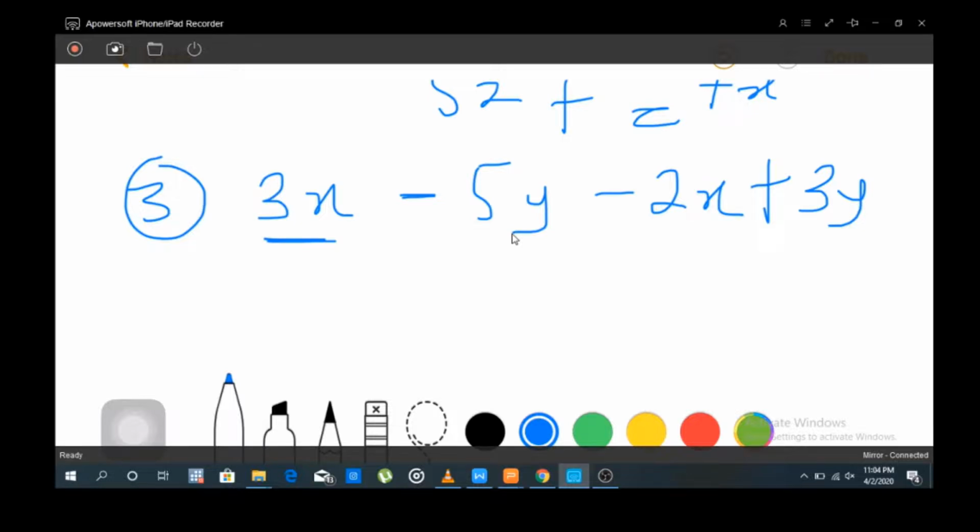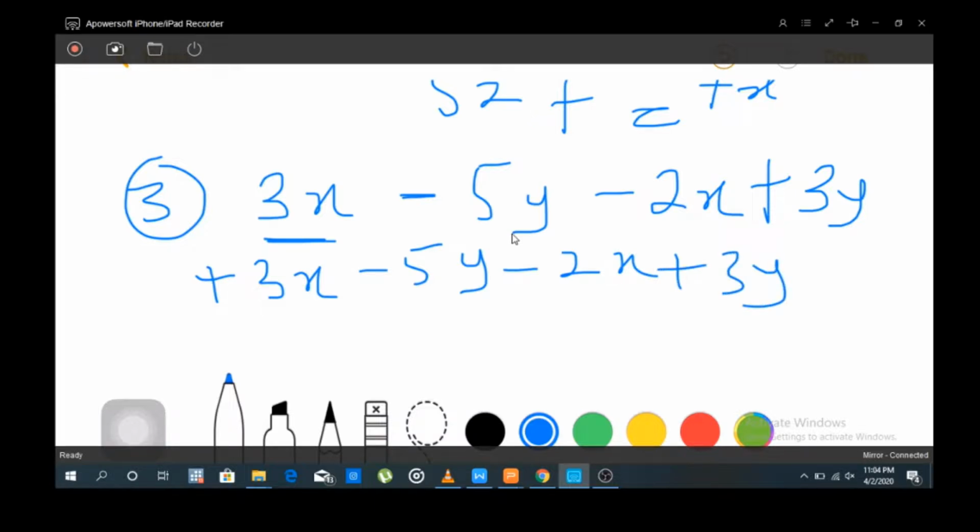This 3x is positive 3x, because I mentioned in lesson 1 that if you have a term standing alone without a sign preceding it, there is a hidden positive sign unless otherwise stated. So in this case, this is the same as positive 3x minus 5y minus 2x plus 3y. So with this, each of the terms has its own sign of operation.